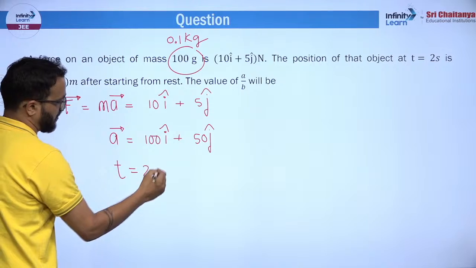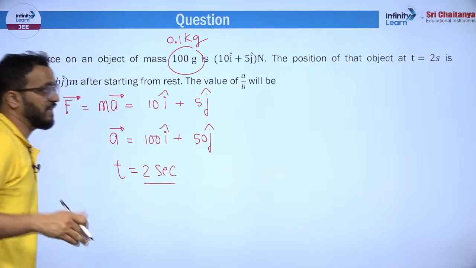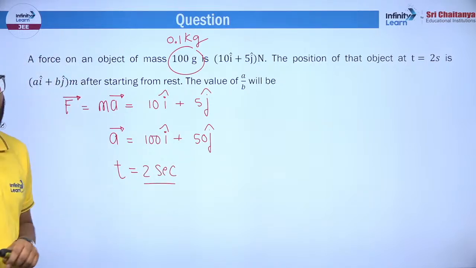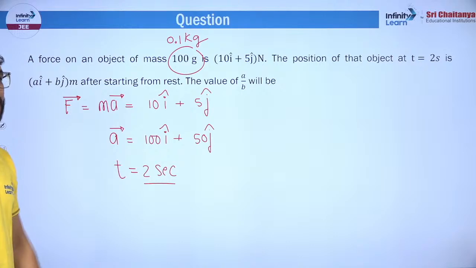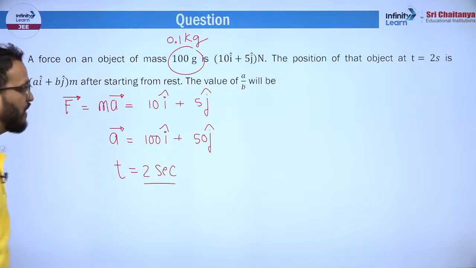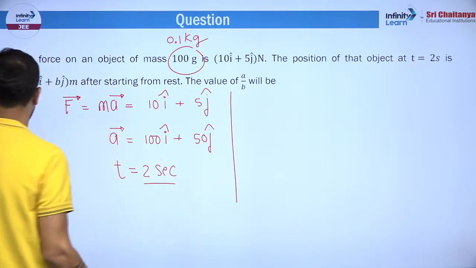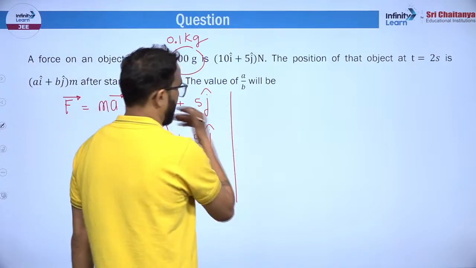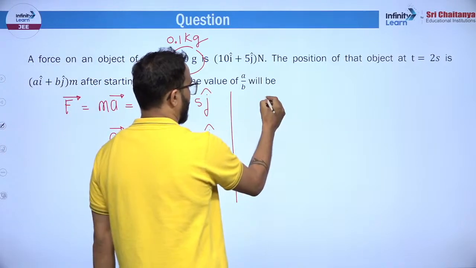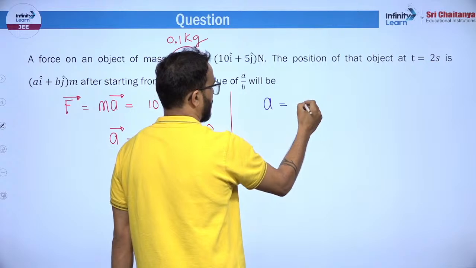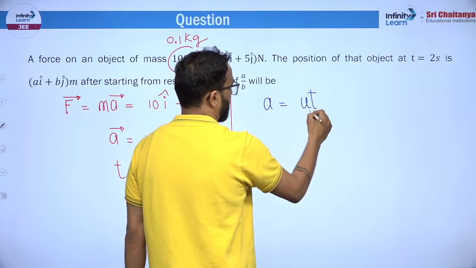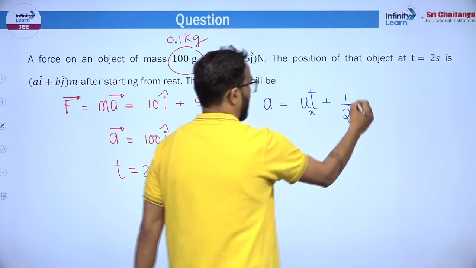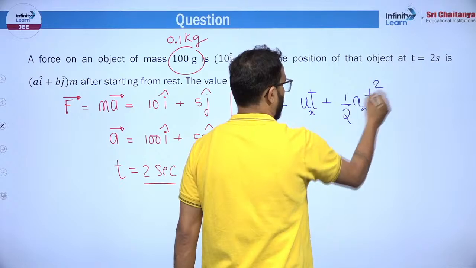Now one more thing, position they have given after how much time? So t is 2 seconds and they have given us the position a i cap plus b j cap as the final coordinates. Okay, after 2 seconds these are the final coordinates. So what we will do, we will say that a i cap plus b j cap. So you will say sir, a is equal to ut plus half a_x t square.